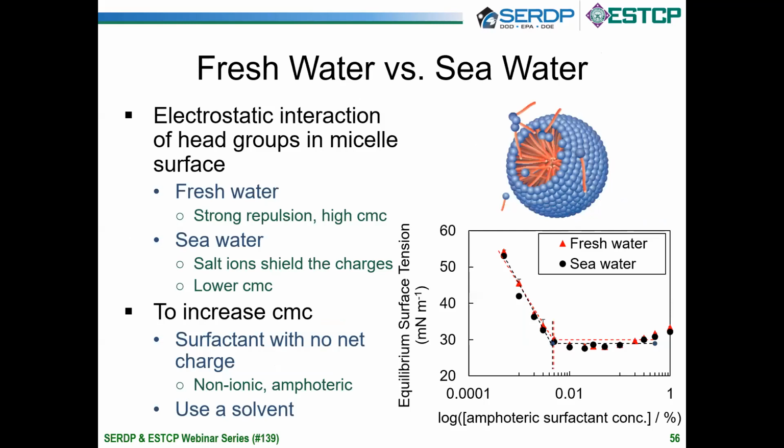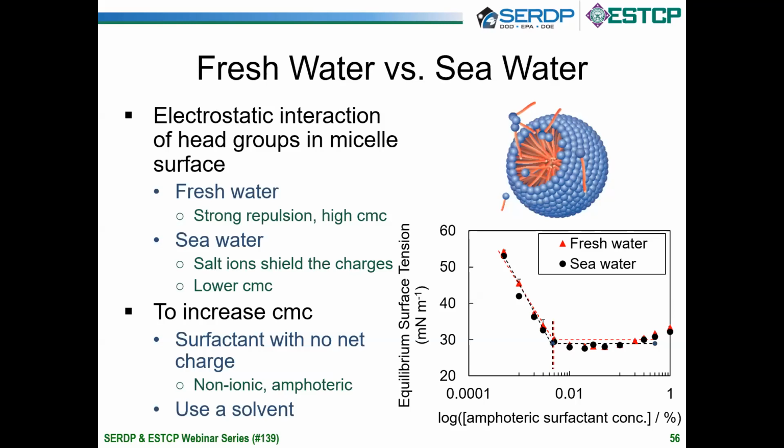What's happening? Well, if we have a charged surfactant, say it's got a negative charge on the head group, then when those surfactants pack together in a micelle, let's say a spherical micelle, then we have an electrostatic repulsion of all those head groups. And in freshwater, that strong repulsion disfavors micelle formation, so the CMC is high.